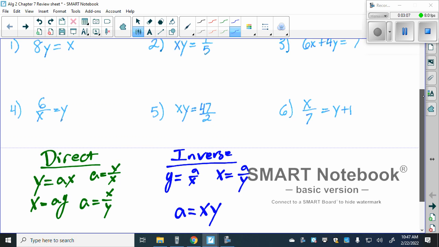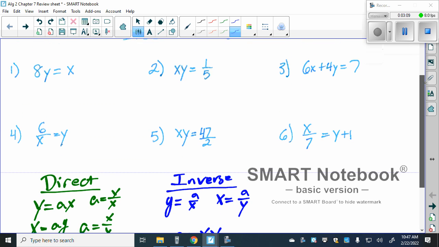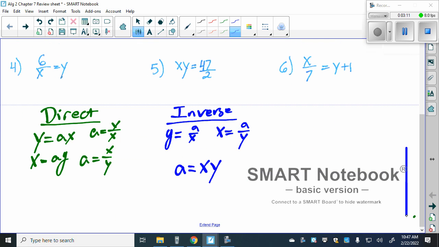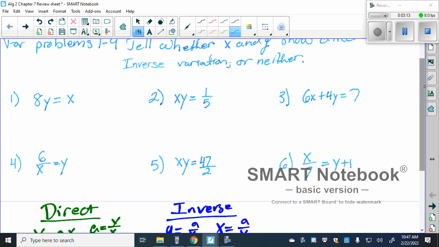And really, we can use these here to determine whether each one of these is direct or inverse variation. Well, if we look at number 1, 8y equals x would be direct. And it's just really matching up to one of the equations that we have as by definition for direct variation. How about number 2? Inverse.